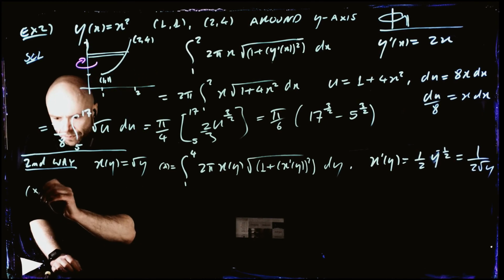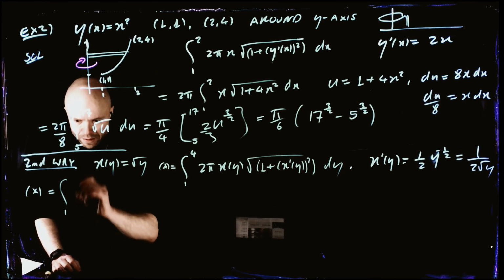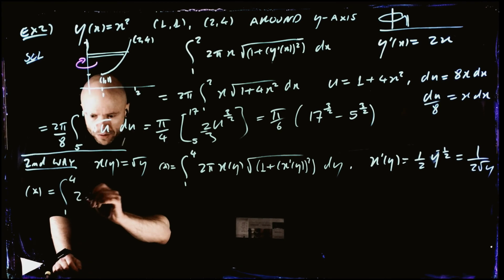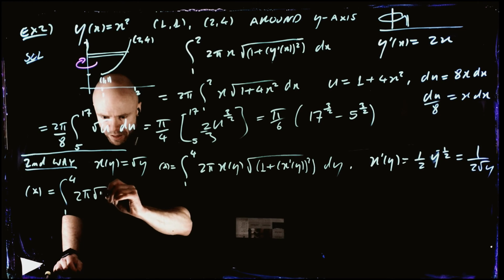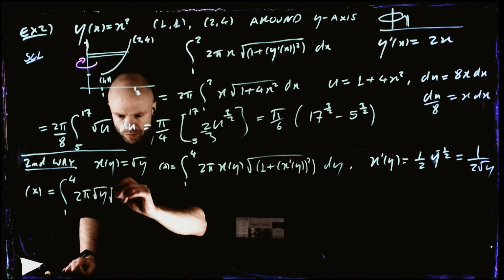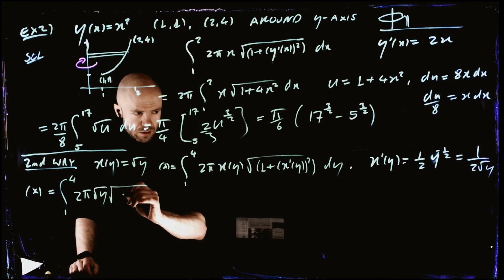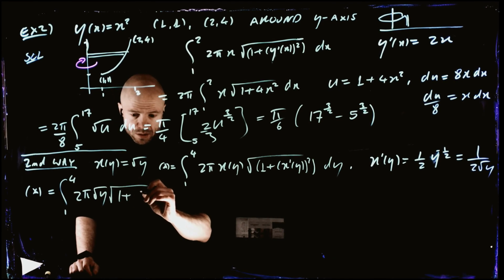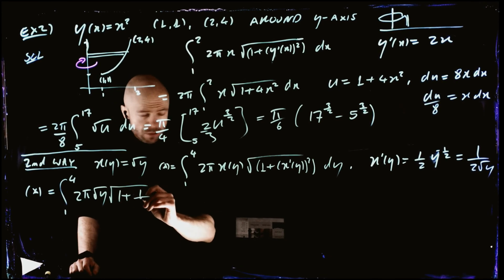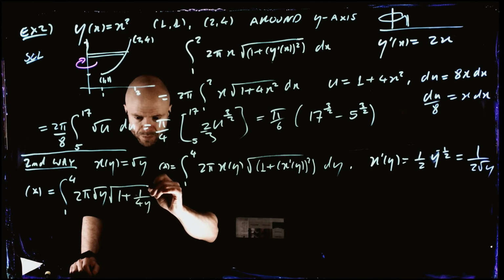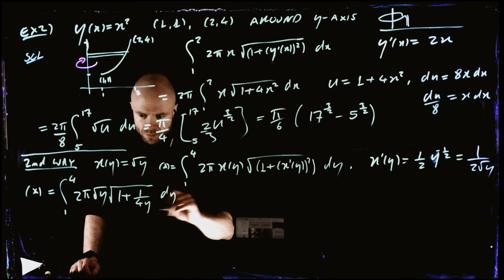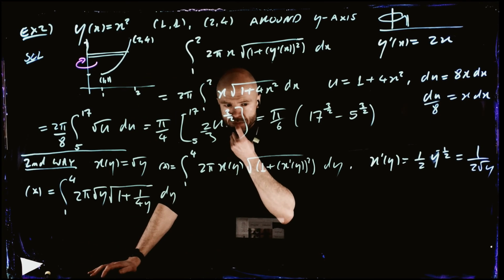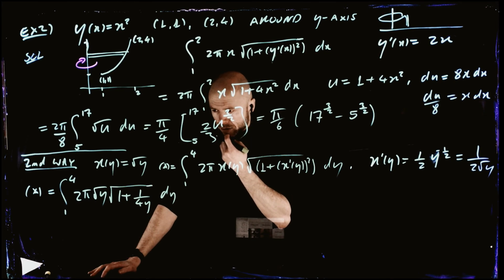So star is equal to the integral from 1 to 4, and we're going to put 2, this thing, square root of y, and then this thing is the square root of 1 plus 1 over 4y, dy. Yeah?